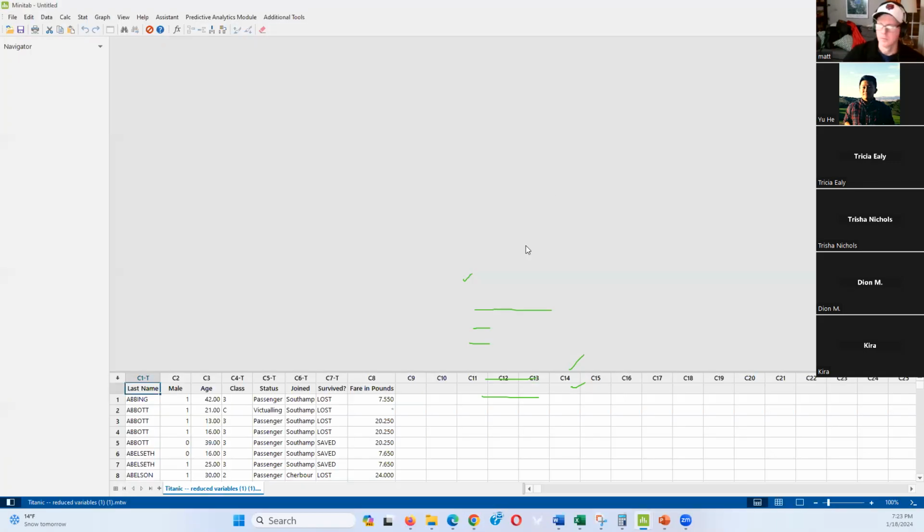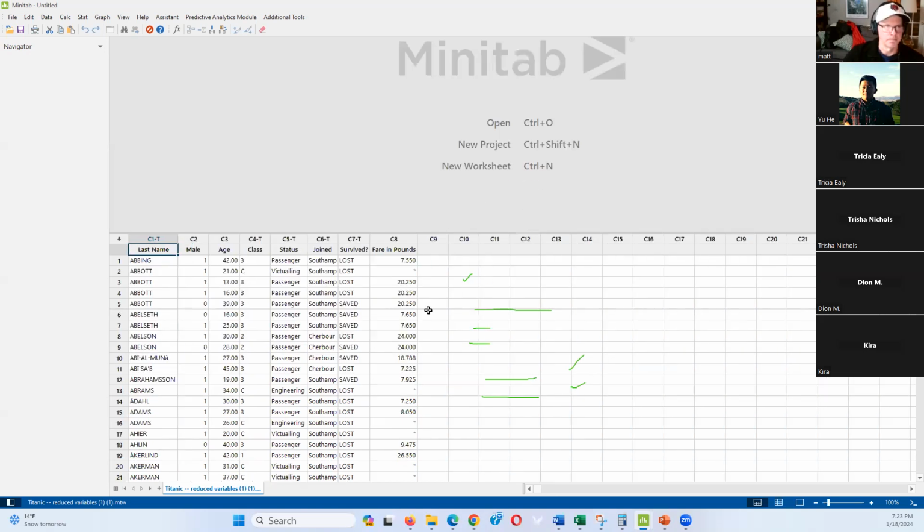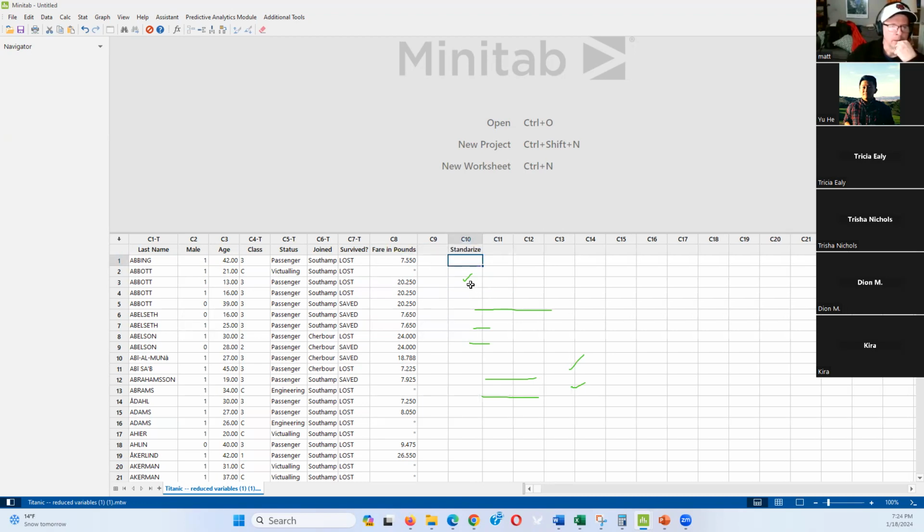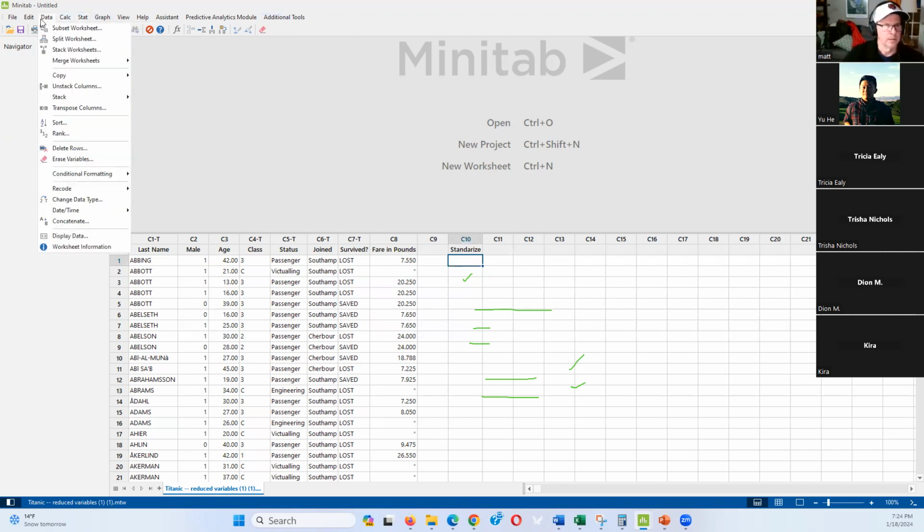Okay, can you see my Minitab with Titanic data? Okay. So I'm just using this age variable, and let me do the standardized data. Now look, I'm going here and we have an option under data, and somewhere you can see standardize.